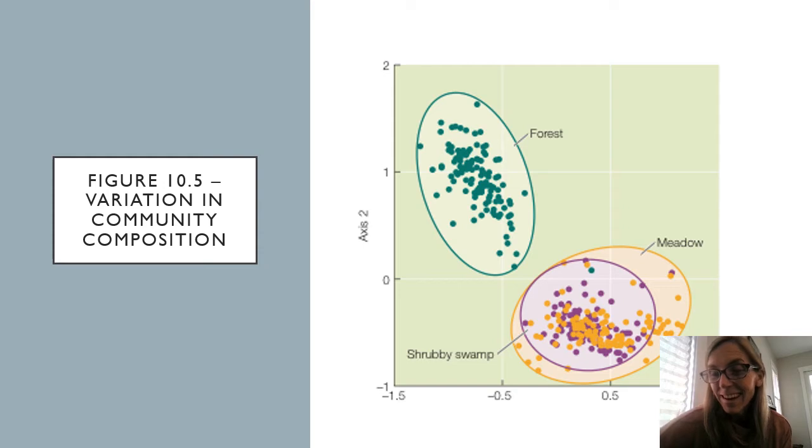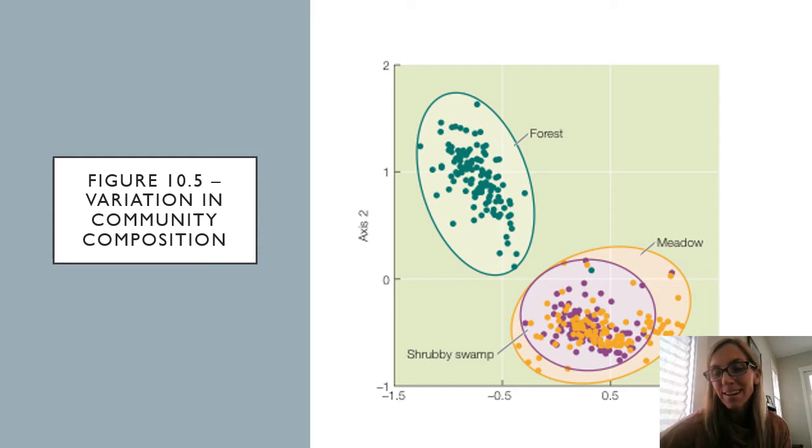Another study looked at community assemblages associated with places where beavers had been extirpated, forested wetlands and forested riparian areas, in comparison to beaver-generated habitats of meadows and shrubby swamps.